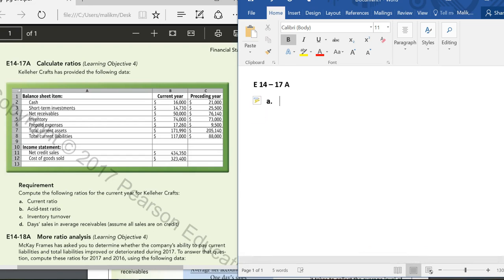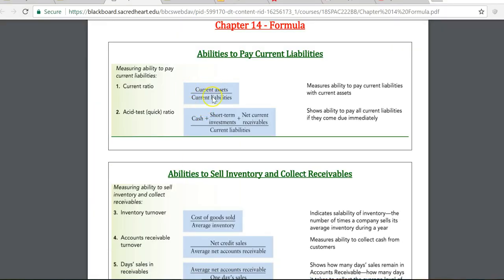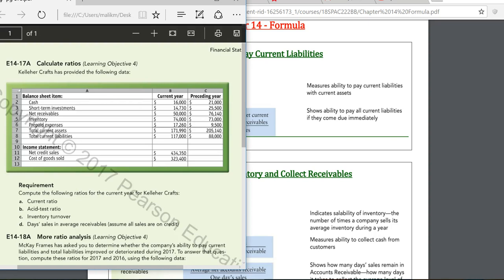Part A says to calculate the current ratio. This ratio tells your capability to pay your current obligations. If you check the formula sheet, it is current assets over current liabilities. This is the first formula you need to know. Everything is given here.